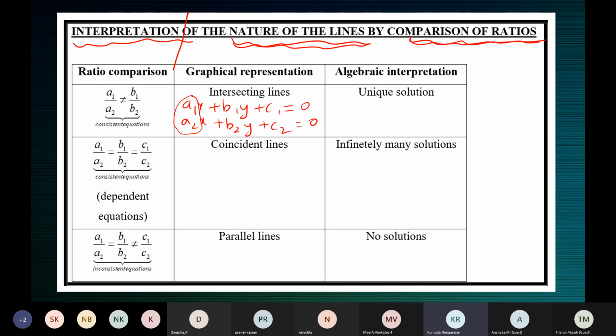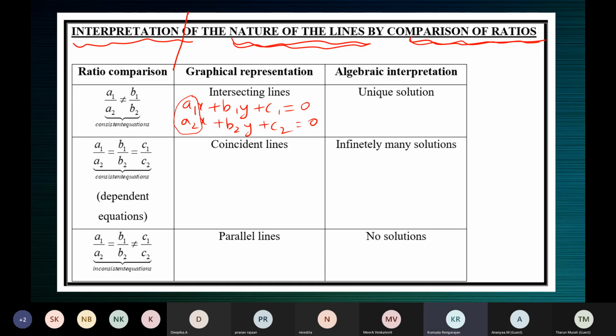So you interpret the nature of the lines by comparing the ratios. A1 by A2 is one ratio, B1 by B2 is one ratio, C1 by C2 is another ratio. We compare these ratios and interpret the nature of the lines. That is what the heading means.